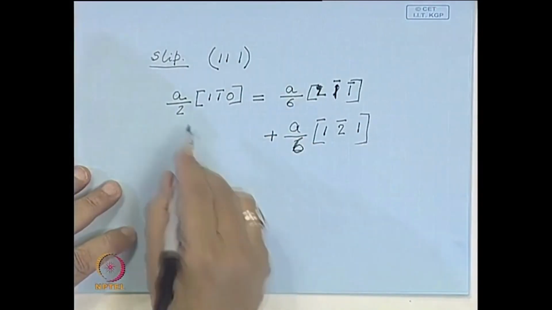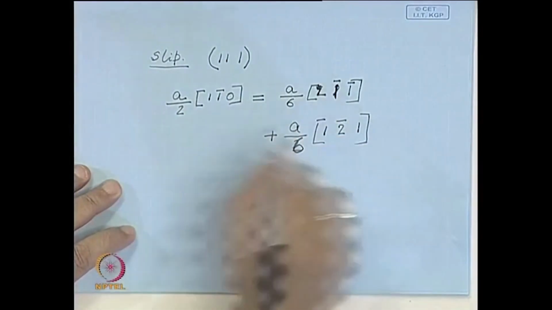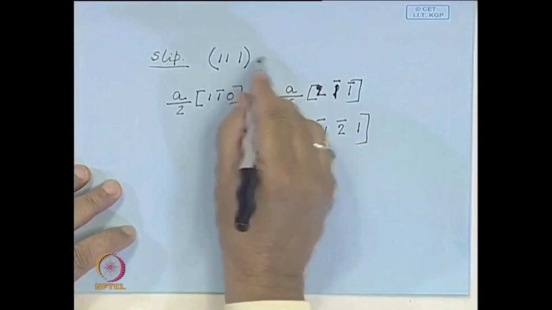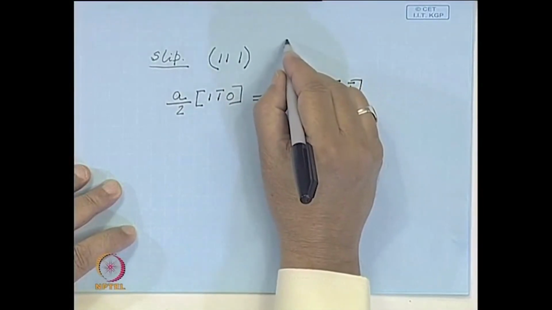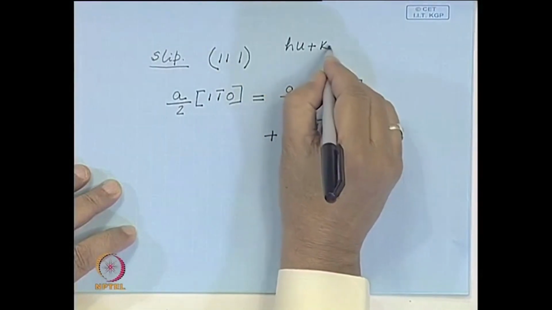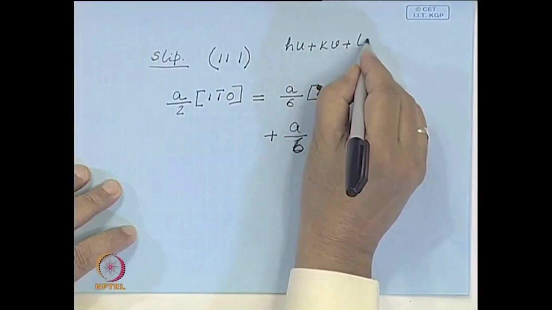So what we are saying is, is this reaction possible? Now, you must check using this relationship, hu plus kv plus lw.